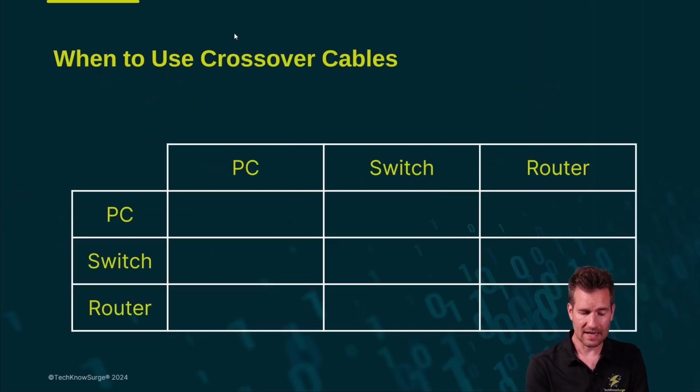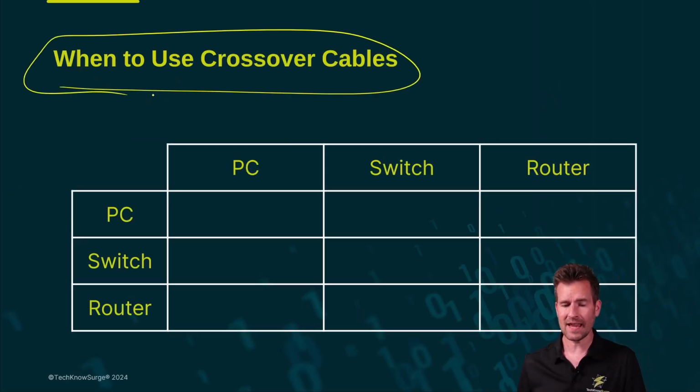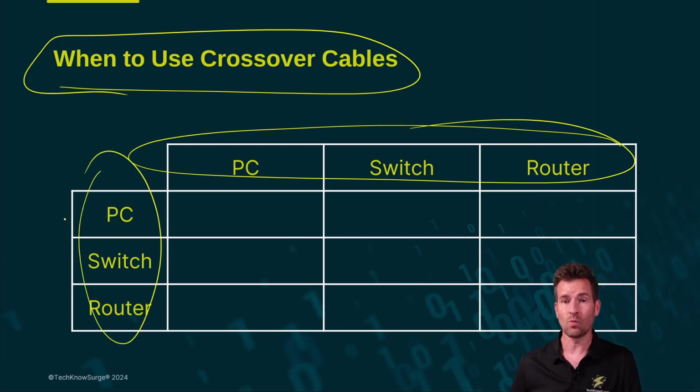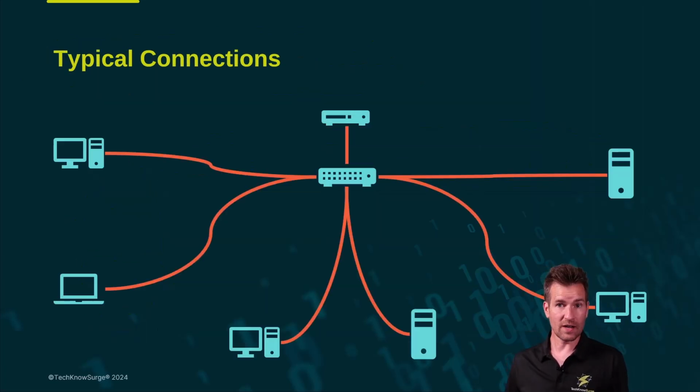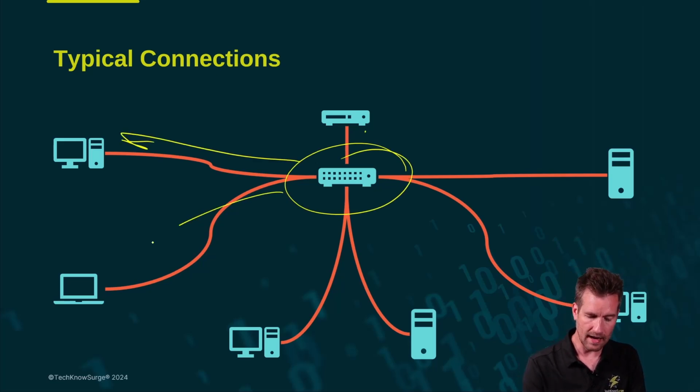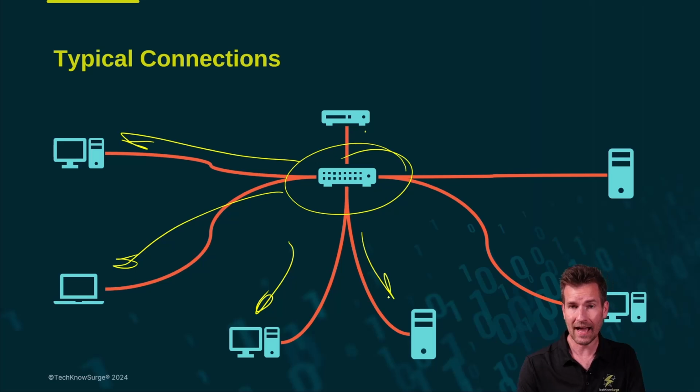So then the question is, when do we use these crossover cables? We're going to fill out this little chart of what's connecting to what and when we would use that. During this process, just remember that switches tend to be MDIX because they're used to connecting to all of the end devices, which are all MDIs. But we also have this router here, and it usually connects into a switch.